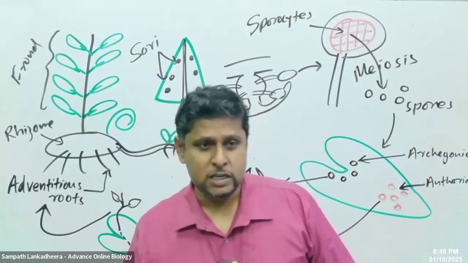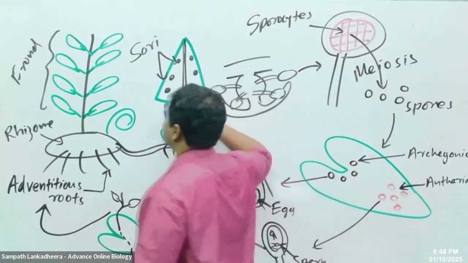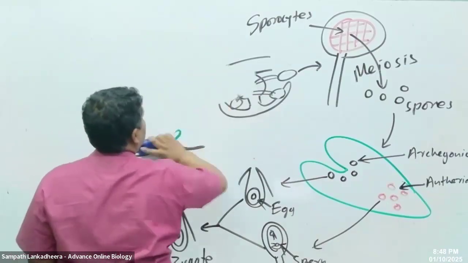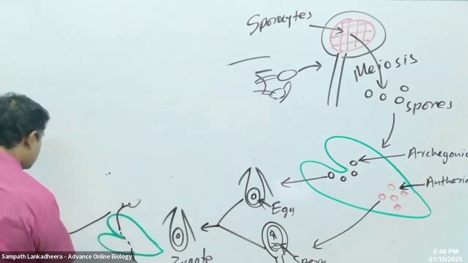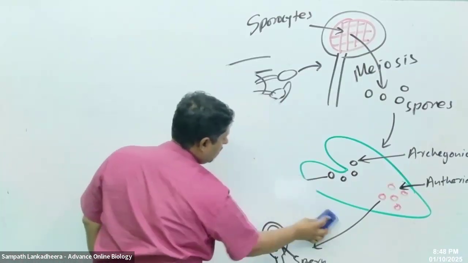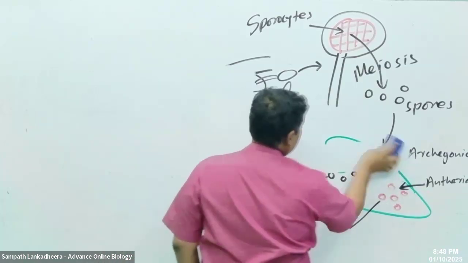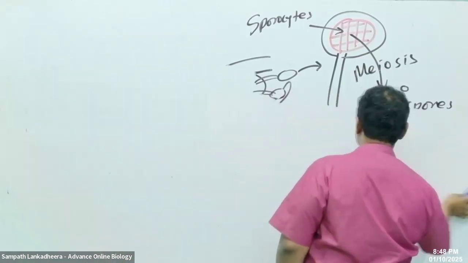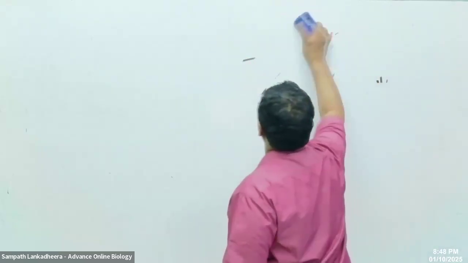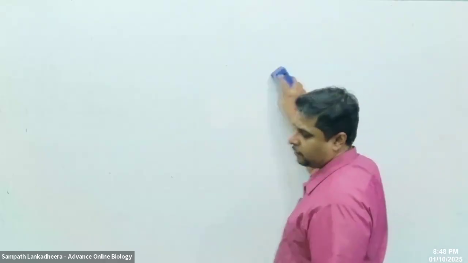Now you know, my dear students, chordates have some basic features. How many basic features are present in chordates? You learned the classification of the chordates.